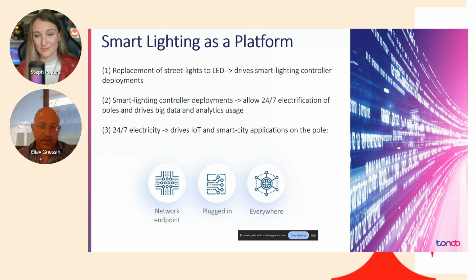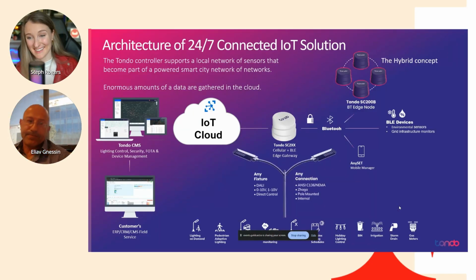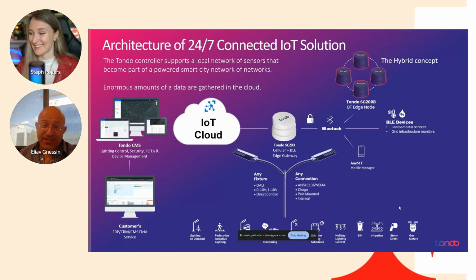And I think the third stage is deploying other applications. Okay, so it's like a three-step process. We start with the controllers, but then we go to other things that can be installed on the poles. And that's a lot of data. That is a ton of data.